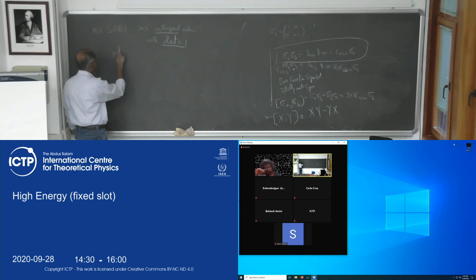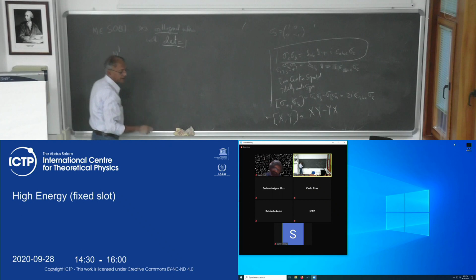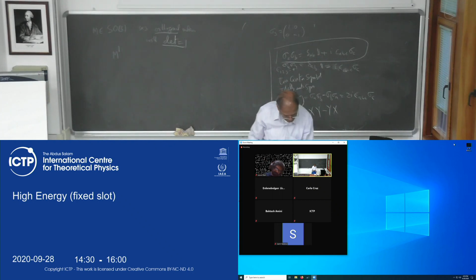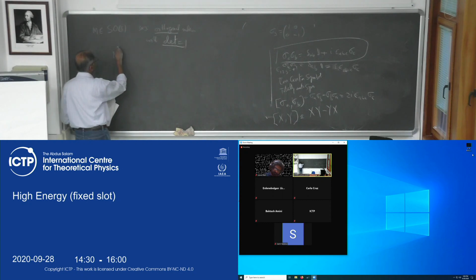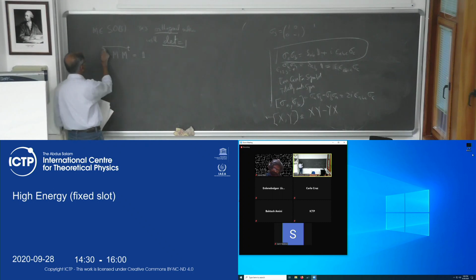So the conditions are M transpose M, or M M transpose, it doesn't matter either way, but I will just follow the same notation. M transpose M equal to 1, identity. So this means transpose.